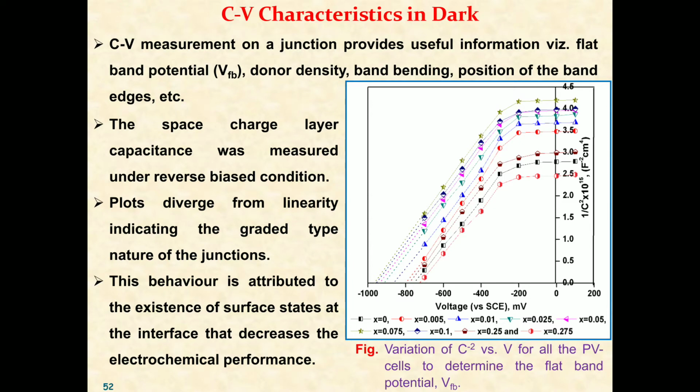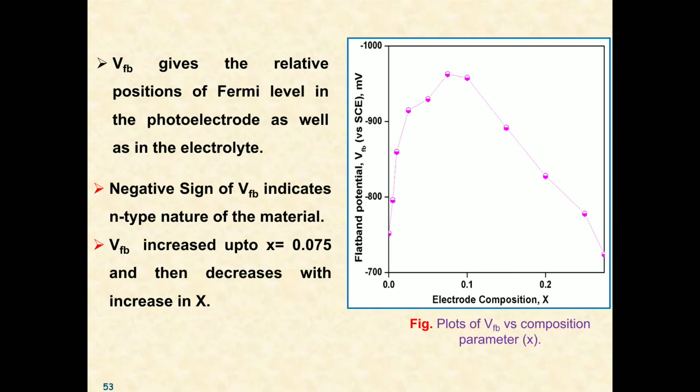This behavior is attributed to the existence of surface states at the interface that decrease the electrochemical performance, and the flat band potential gives the relative position of the Fermi level in the photoelectrode as well as in the electrolyte.